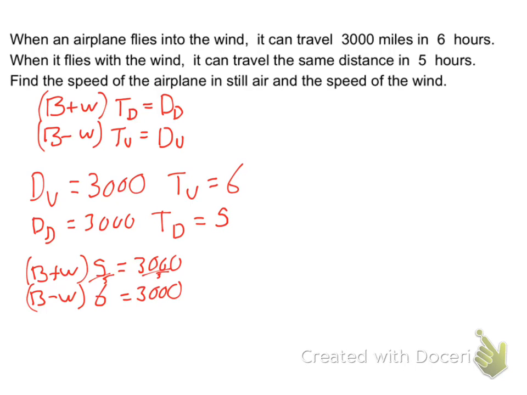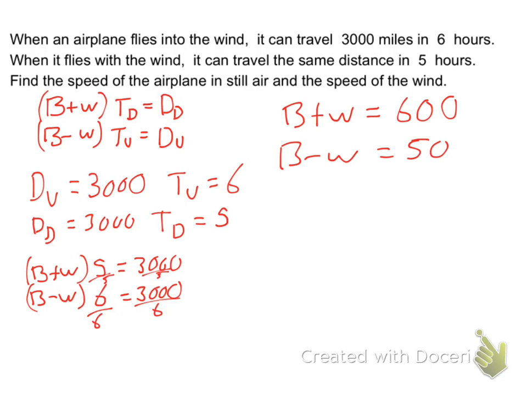And so you end up with an equation of B plus W is equal to, what's 3,000 divided by 5? Should be 600. And if I divide by 6, then I end up with B minus W is 500.